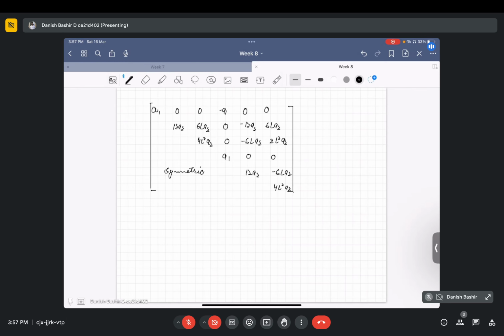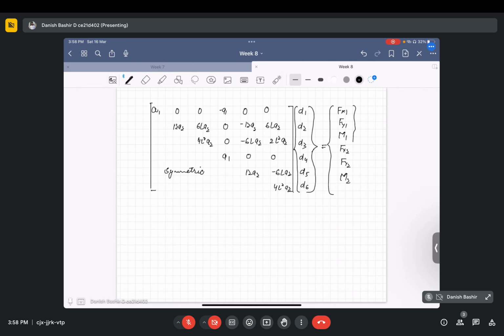The nodal degrees of freedom, I have to write all of them, D1 to D6: D1, D2, D3, D4, D5, D6. And the nodal force vector will be Fx1, Fy1, M1, Fx2, Fy2, M2.